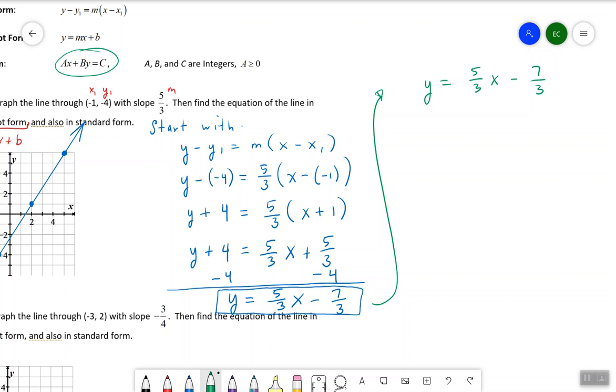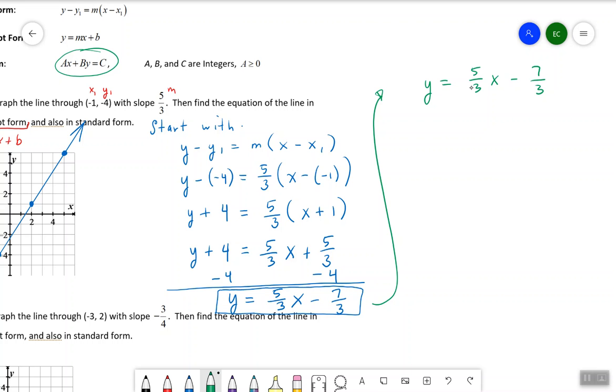Maybe the easiest way to do this is to subtract 5/3 x. I tell you what, maybe I won't. If we subtract 5/3 x to the other side, then the coefficient on x is going to be negative. And this says that the coefficient on x has to be positive or 0, right? A is the coefficient on x, it has to be positive.